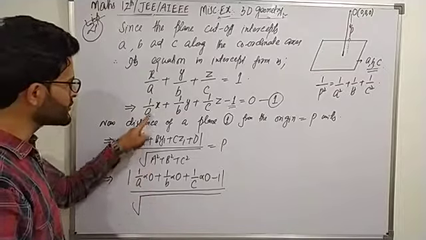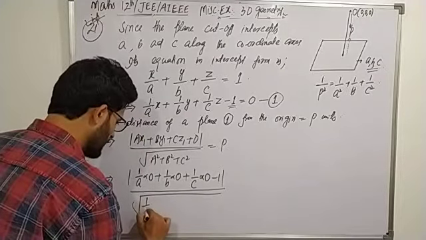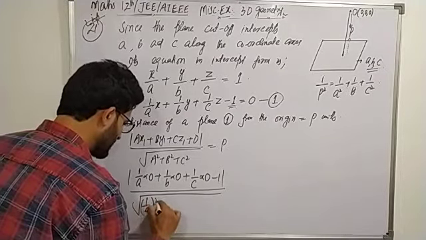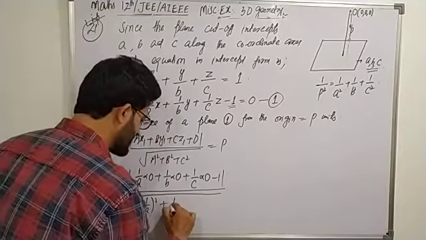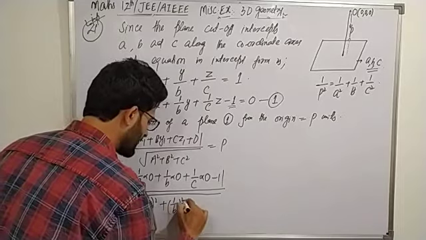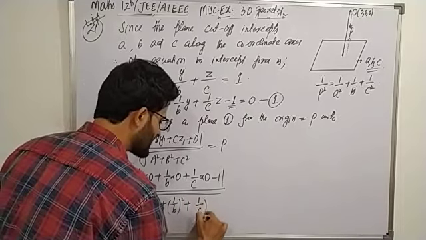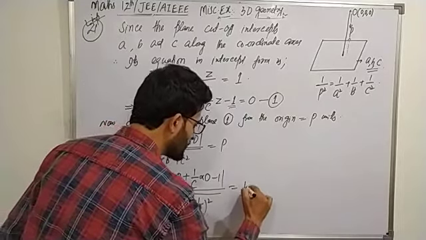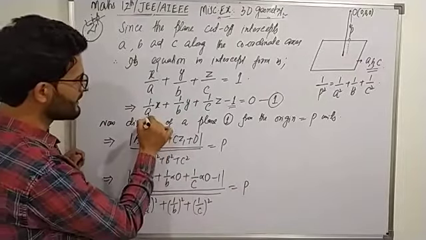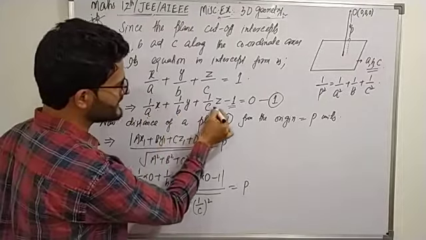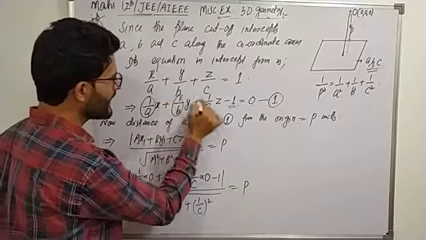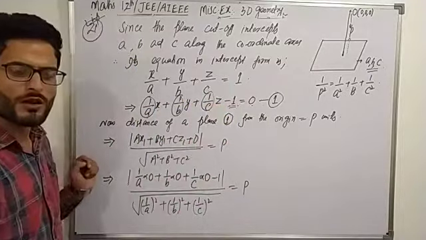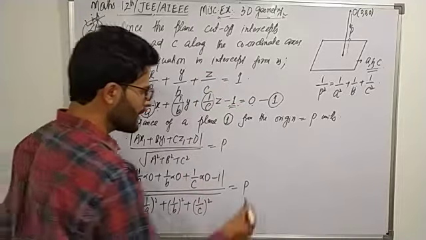Here the direction ratios give 1 by a square, plus 1 by b square, plus 1 by c square, and that must be equal to p, because this is of the form ax plus by plus cz plus d equal to 0, where a, b and c are its direction numbers.